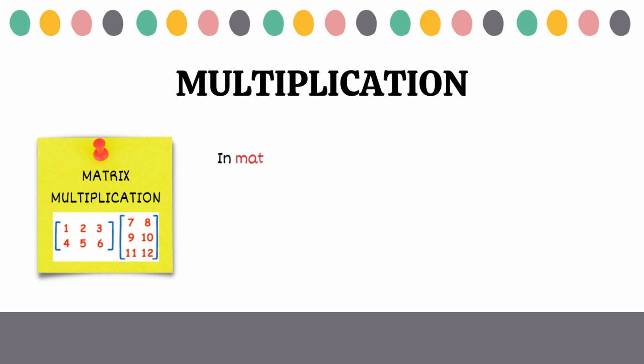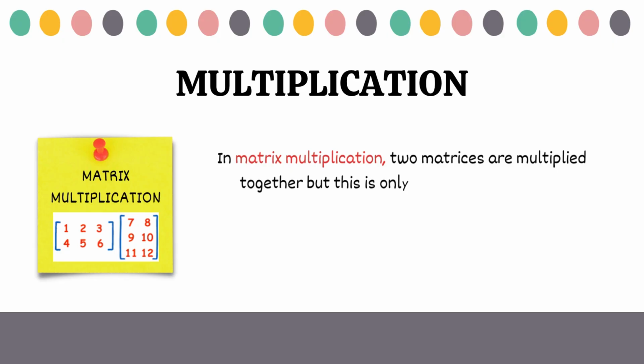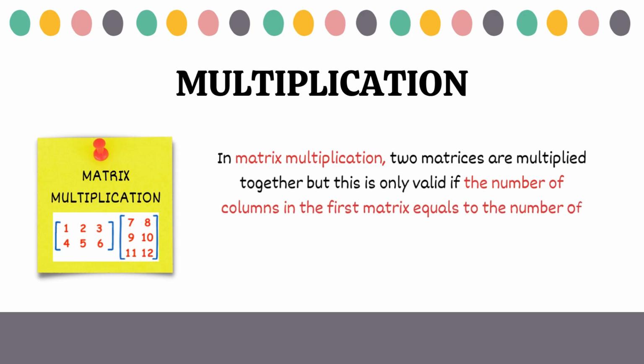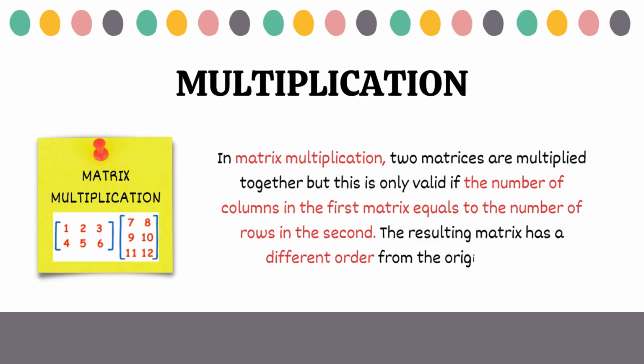In matrix multiplication, 2 matrices are multiplied together, but this is only valid if the number of columns in the first matrix is equal to the number of rows in the second matrix. The resulting matrix has a different order from the original ones.